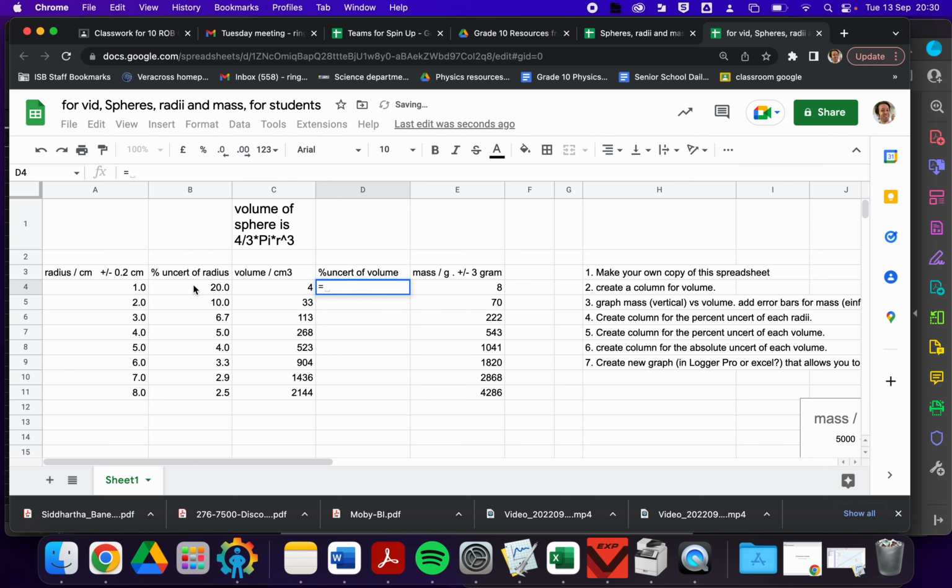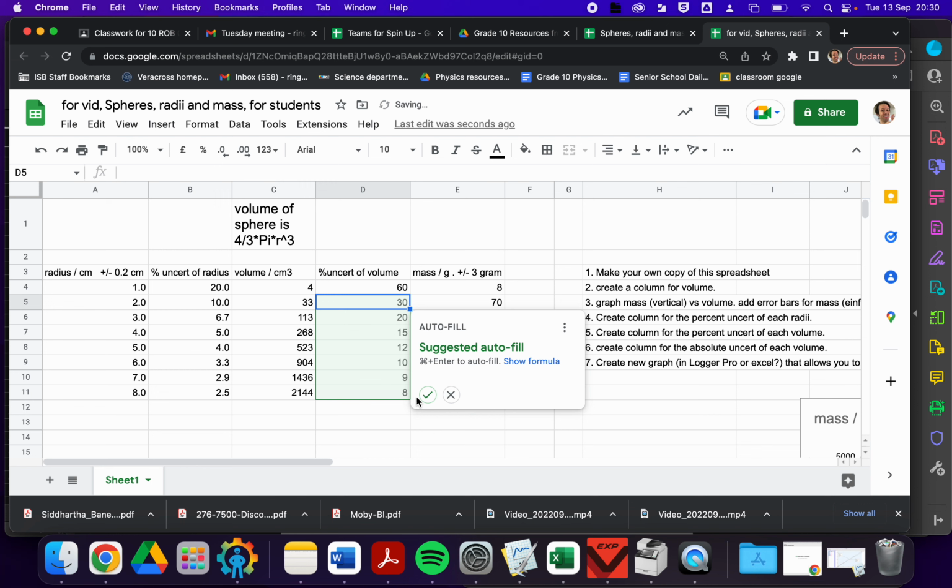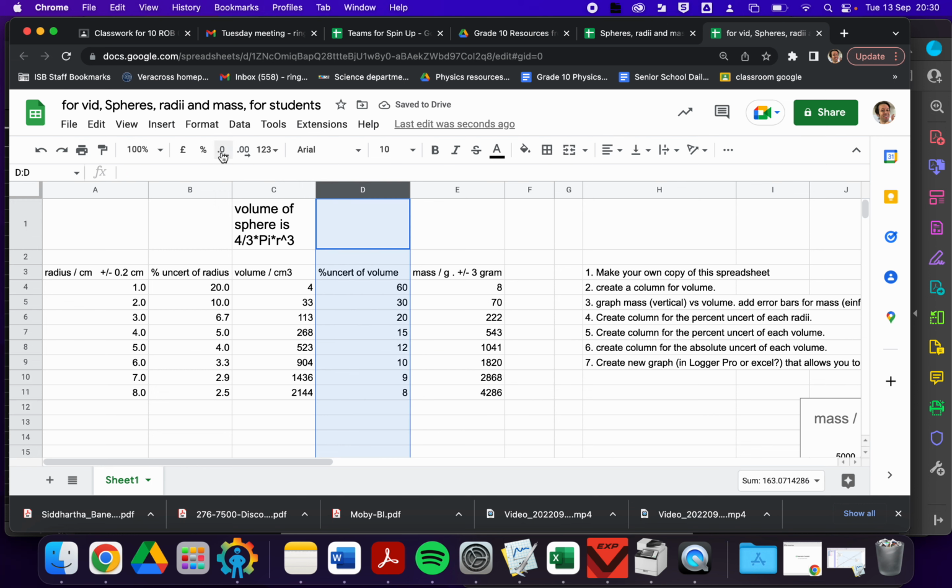So I'm going to take this percent uncert from radius, and I'm going to multiply it by 3 because radius is cubed. And I'll fill down again. Maybe I want to show another decimal place. I could do that if I wanted. There's probably no need. I could keep that like that.